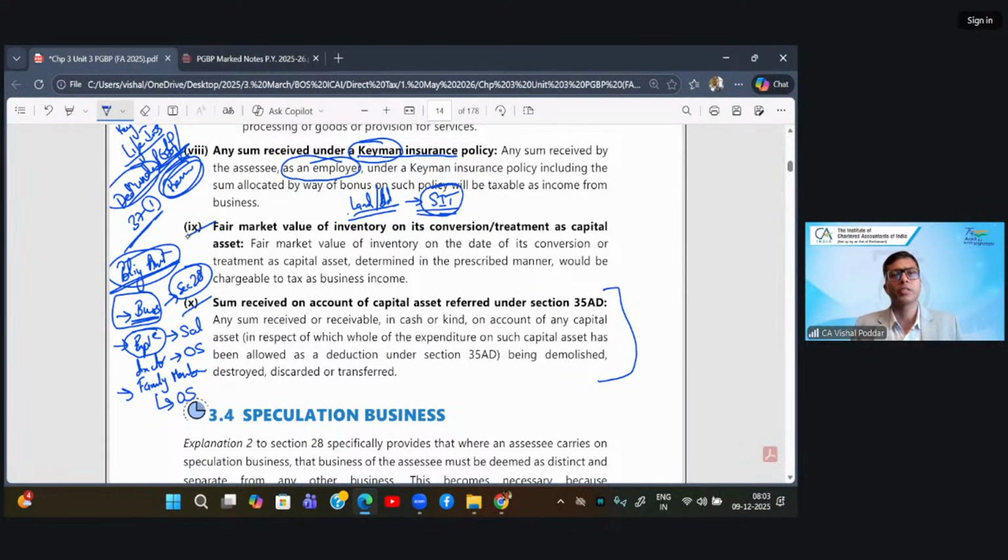So you decide that in this entire building, you will take over the first floor and make it your own corporate office of your business. Now, the moment you do this, this shop or flat, which was shown in your balance sheet as stock in trade, will now become your capital asset.